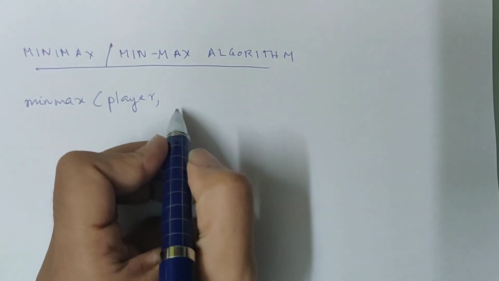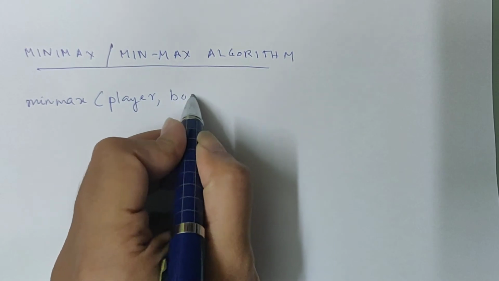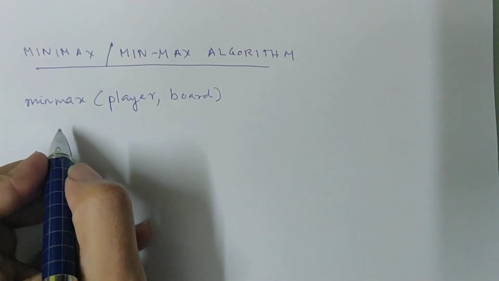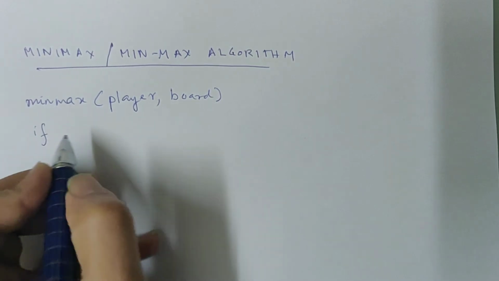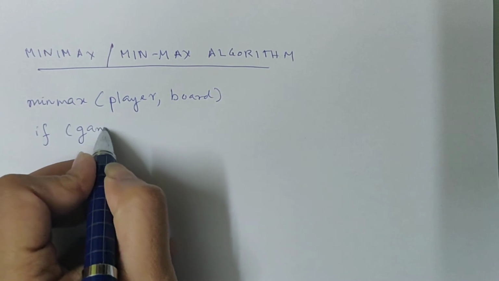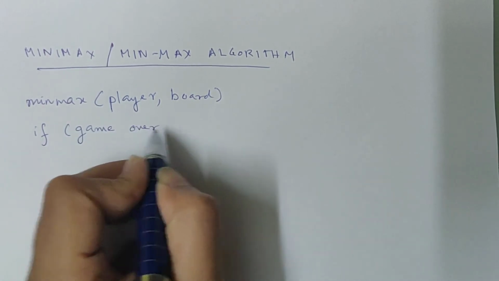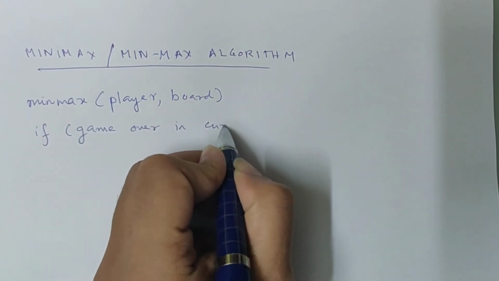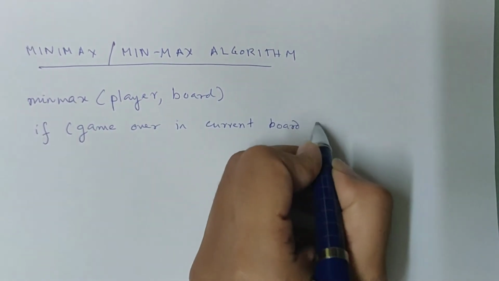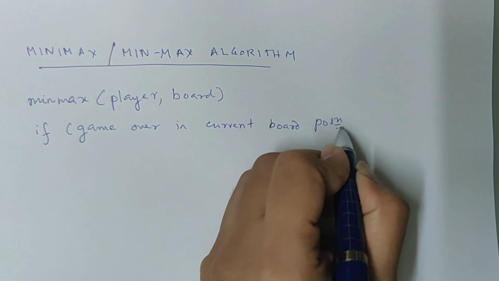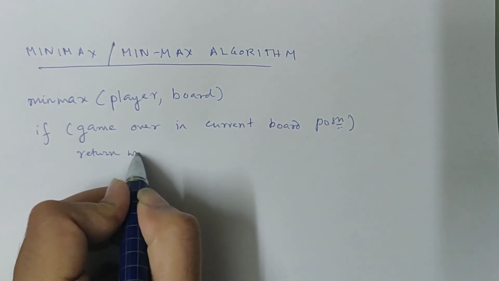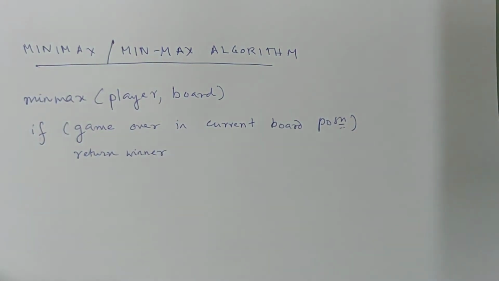It takes as arguments the player and the board state. It states: if the game is over in the current board position, then return the winner.